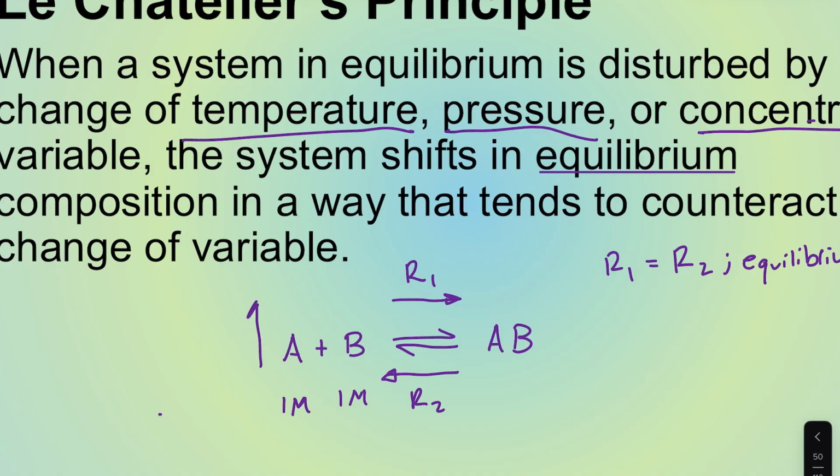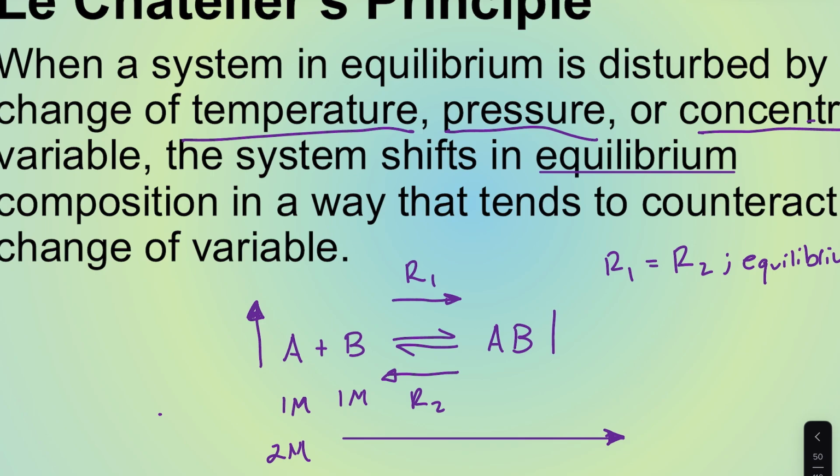If we increase the concentration of A or B, we'll start with just A, we'll make it 2 molar, that will shift the entire thing over to this side, and you will make more of your products. So you increase the reaction, you will shift it all the way to the right-hand side, you will get more of your products being made.